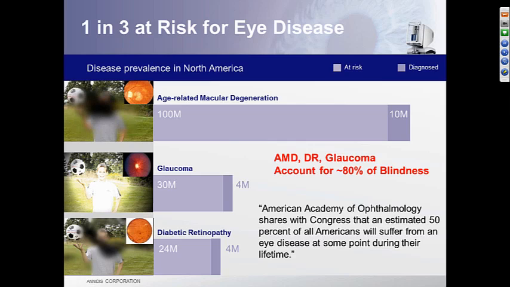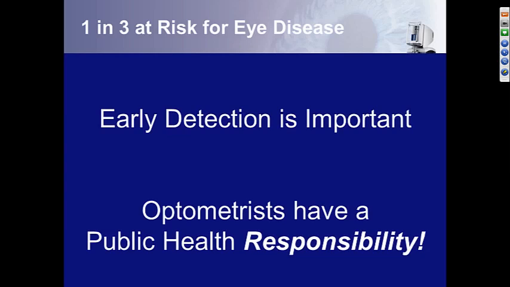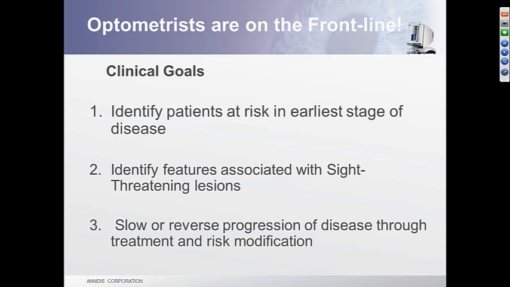And MSI really provides a way to not only diagnose but differentiate these diseases at the earliest stages so that treatment can be applied as early as possible, or risk factor modification can be applied as early as possible. And the instrument is primarily out in optometry offices right now, and certainly we have a public health responsibility. And I think it's wonderful that we can now interface with our patients in a much more sophisticated way with this particular instrumentation.